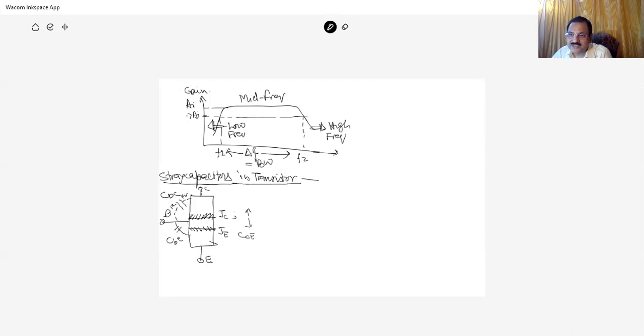So a part of the signal is coming to the input. So this part, that is CBC, the capacitor between base and collector.